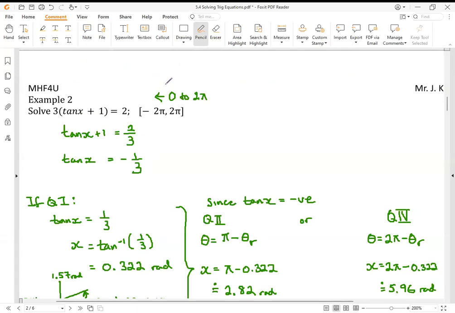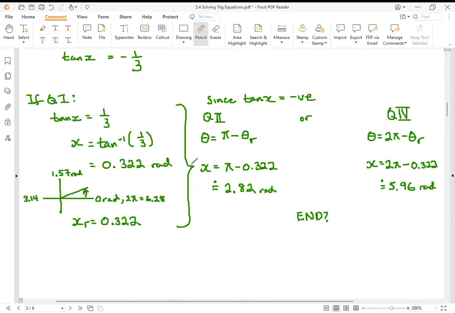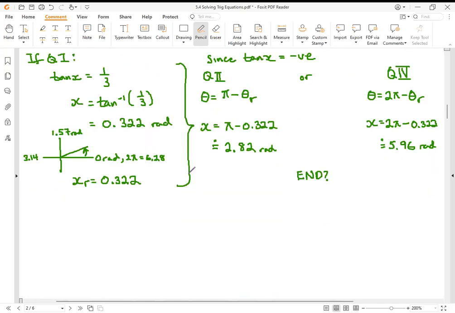Is there an easy way to go through it? I don't want to do any more CAST rule. How about we just do coterminals? Okay. So this, let me erase the end. Okay. So this is for 0 to 2 pi.